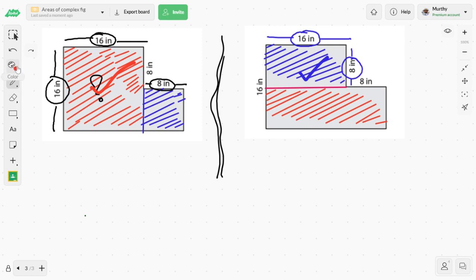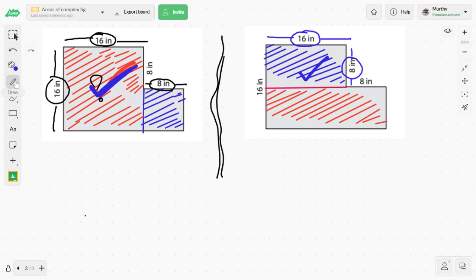Again, I'm repeating. In the first diagram, we know the length and width of this part, and you have to figure out the width of this one. How? Listen carefully. Here, I know that this is 16 inches.